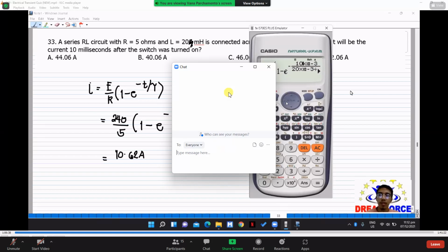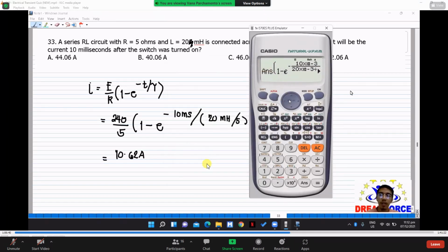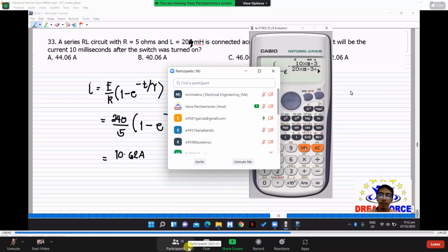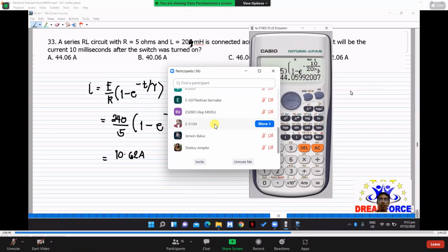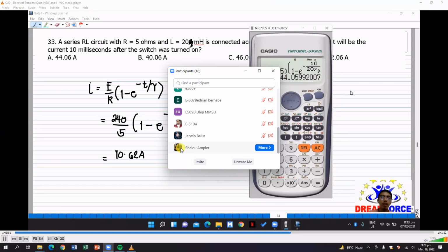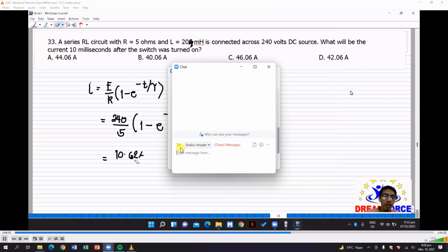Pero ito, balik natin sa answer na 240 over 5. Oh, ayun, meron. 44.06 amperes. Ibig sabihin, mali yung given.